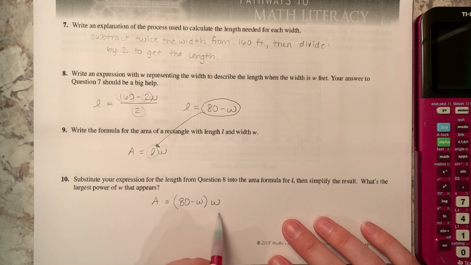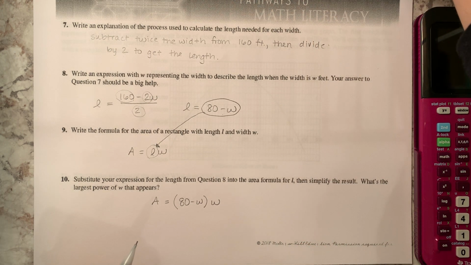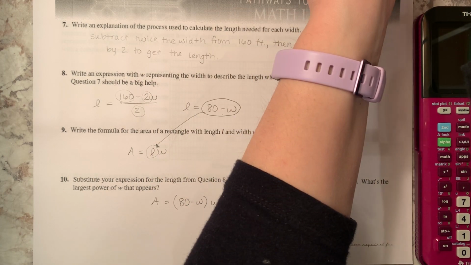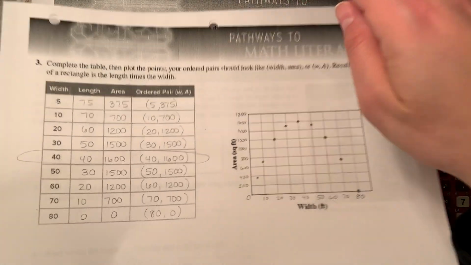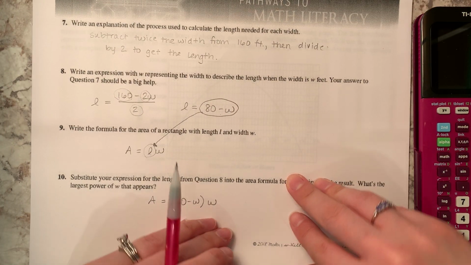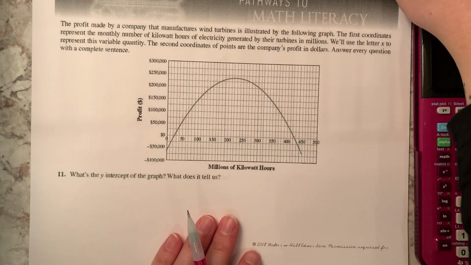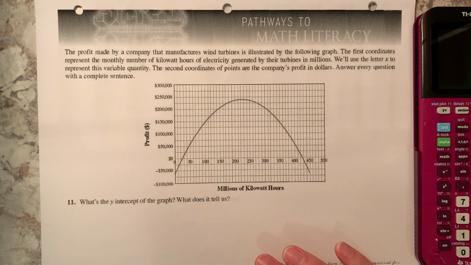So this is a formula that I can use to find the area instead of having to calculate every single row over and over again. Instead of doing all this math, I could have simply used this formula. So let's move on to the next set of questions.